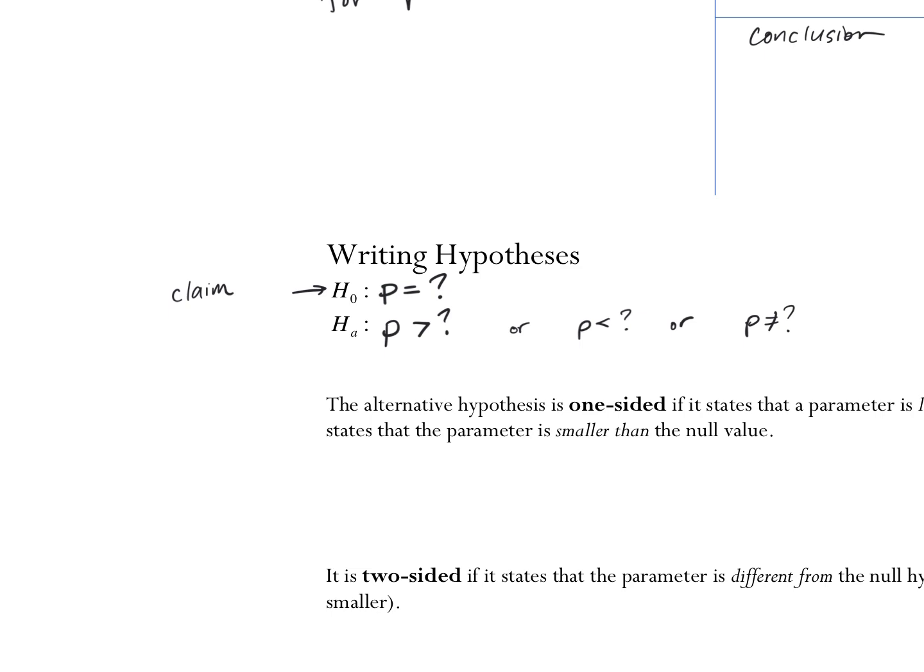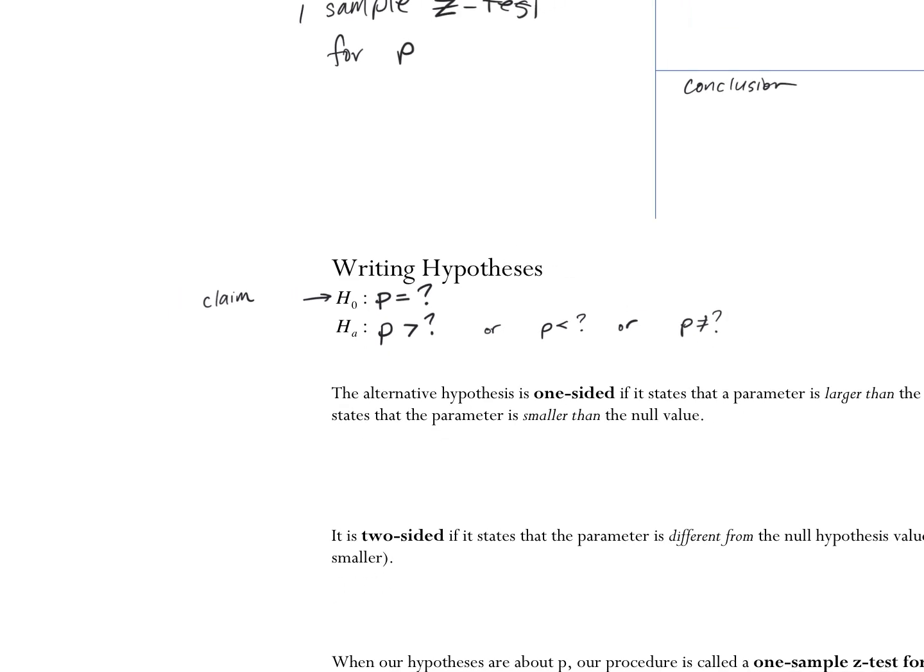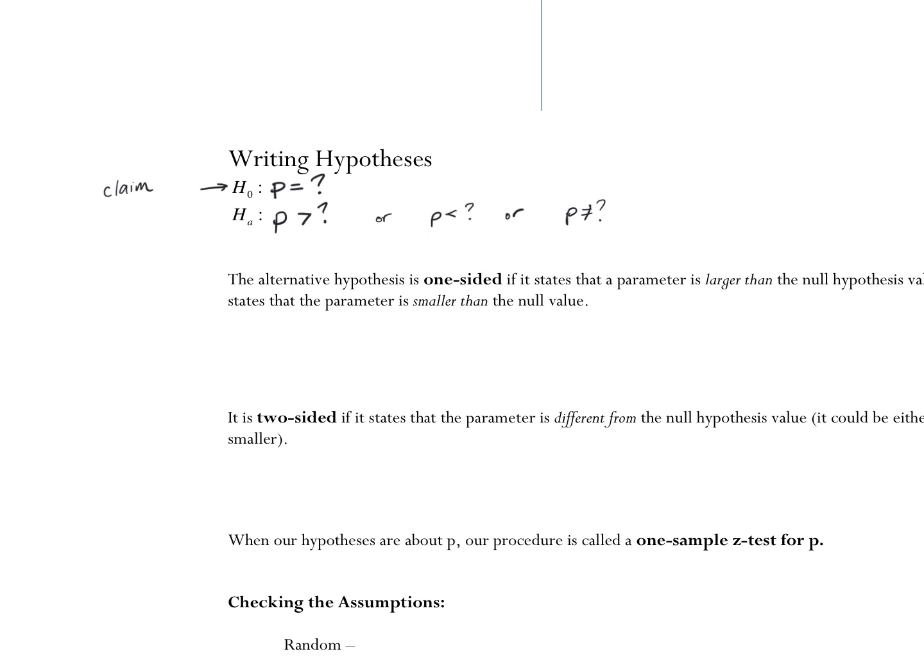All right. Now, we have these sets of hypotheses, we call them either one-sided or two-sided. Both of these ones are one-sided.